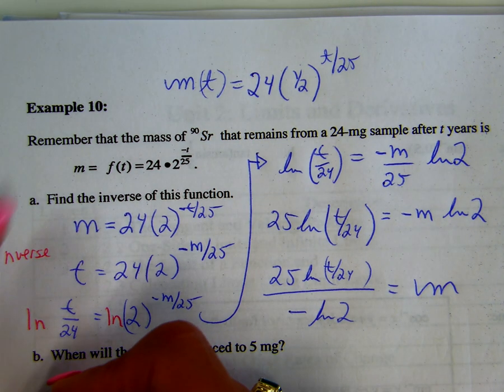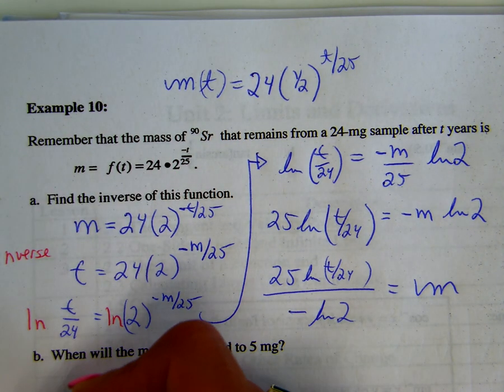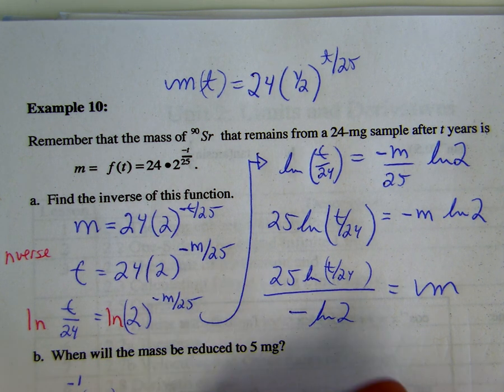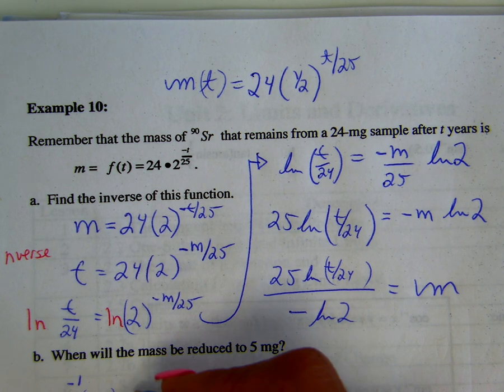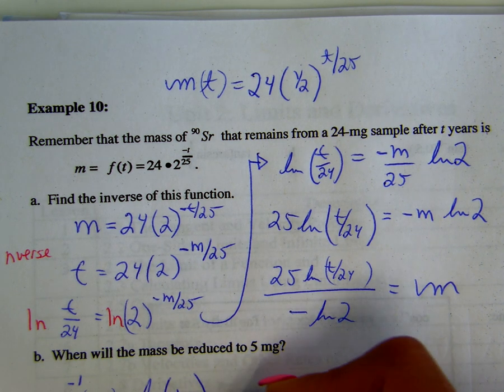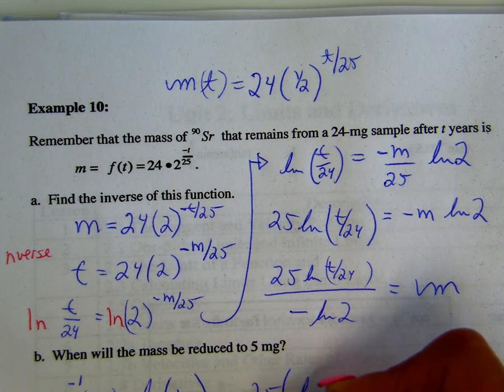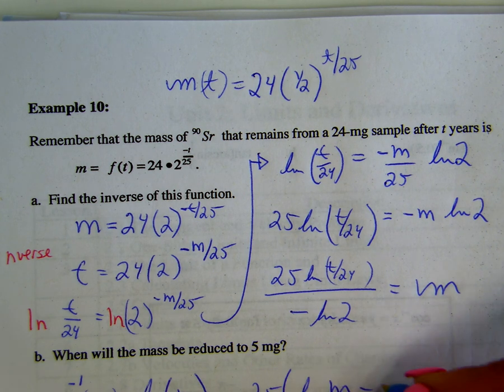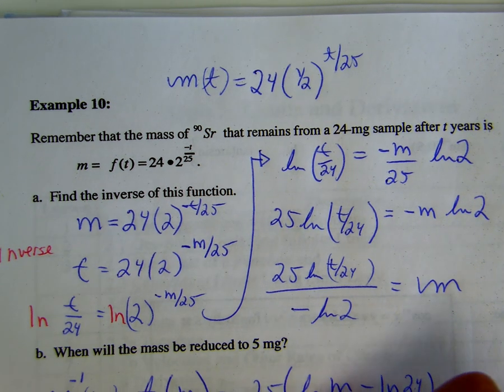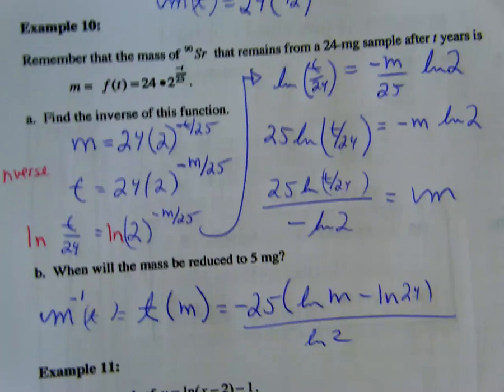So we would say not m is equal to this, but now m inverse of t is equal to, we'd say t at this mass is negative 25 times the ln of m minus the ln of 24 all over the ln of 2.